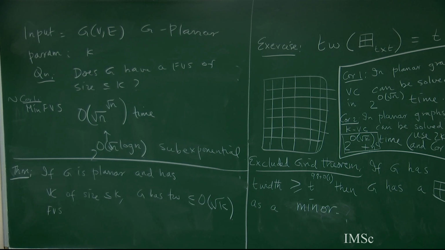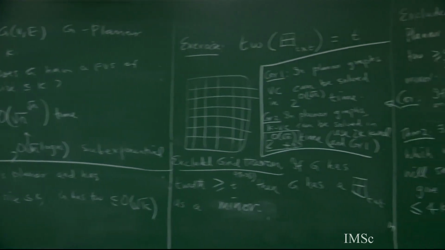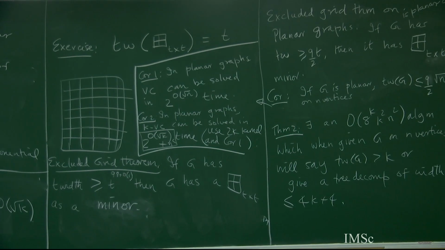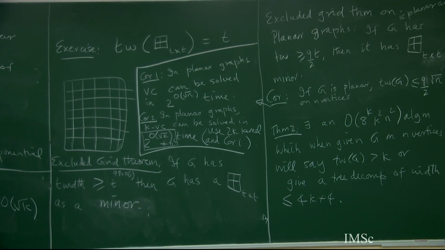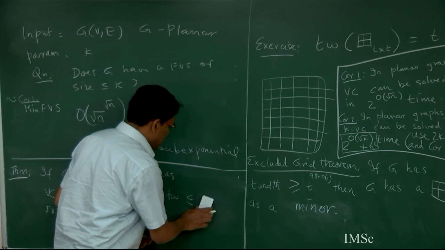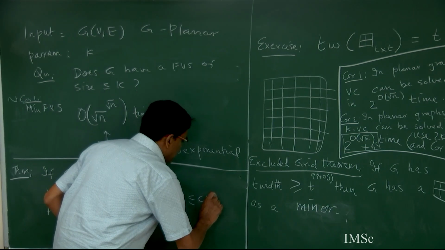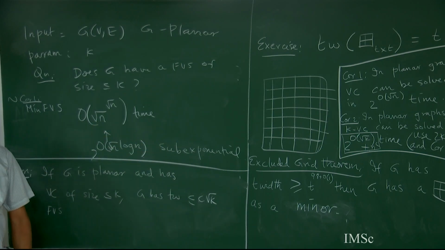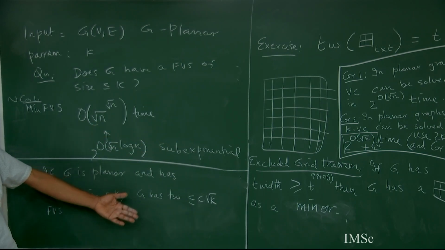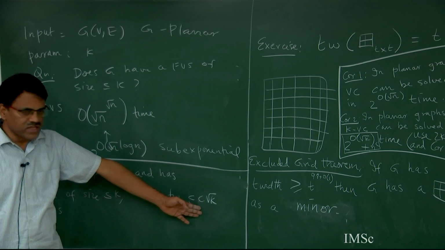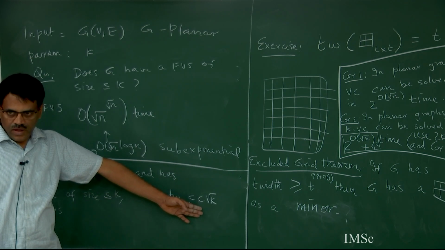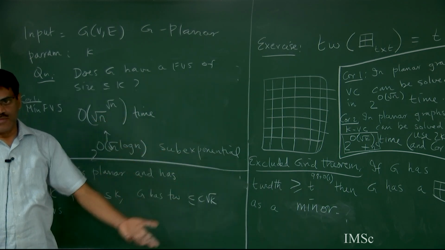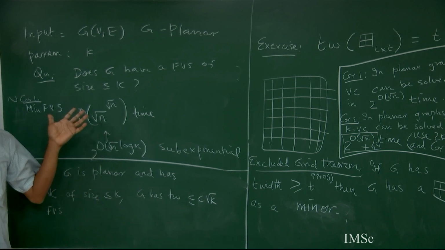So it's k to the square root k, right? I run theorem 2 and check whatever this big O is. Let's say some c comes out, it'll turn out to be some c times root k. So I'll run theorem 2 and ask whether the tree width of this given graph is strictly more than c root k. If it says yes, then I am done, because of this theorem I can say it's a no instance.